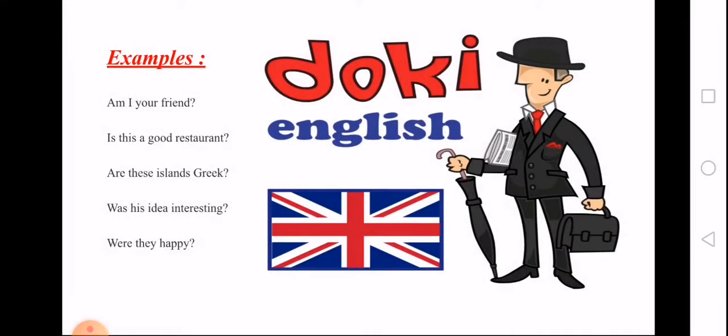Look at this example. It's going to explain to you how to make a question in English by using auxiliary verbs. All these words at the beginning are called auxiliary or helping verbs: am, is, are, was, and were, followed by the subject.